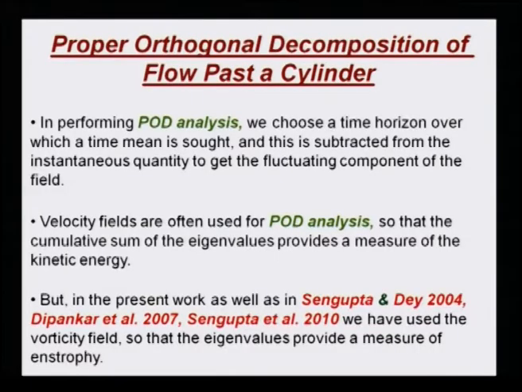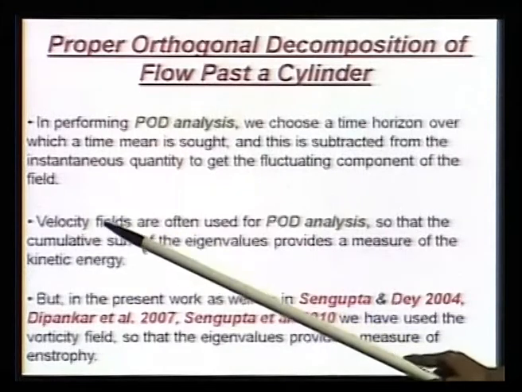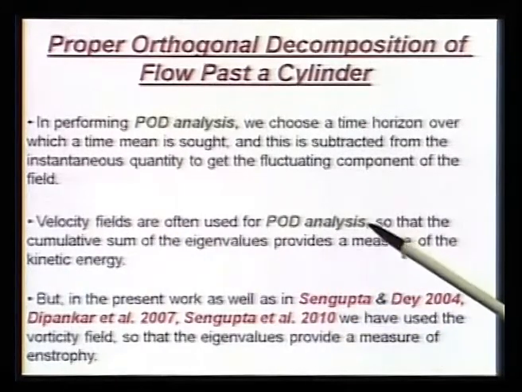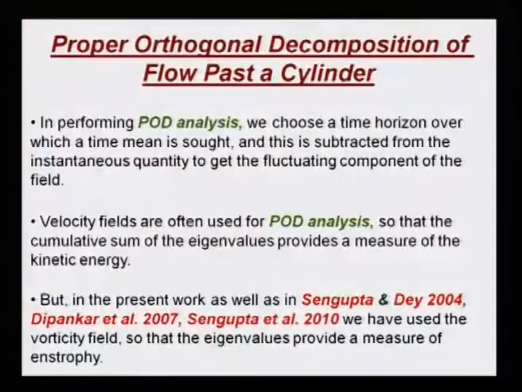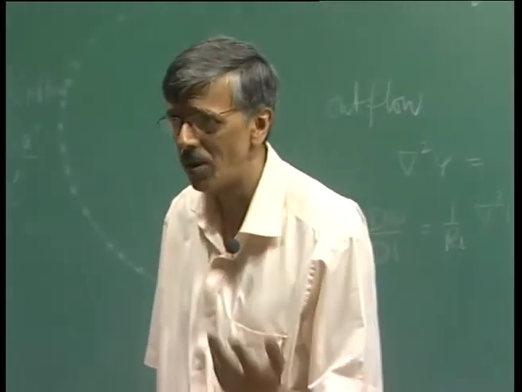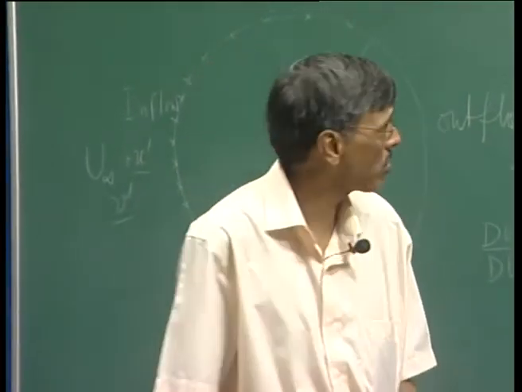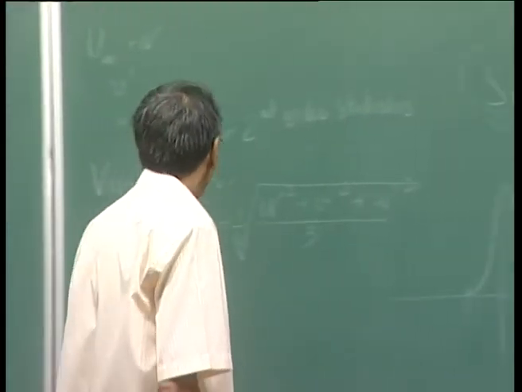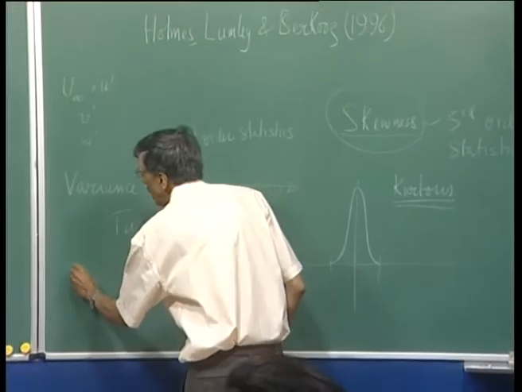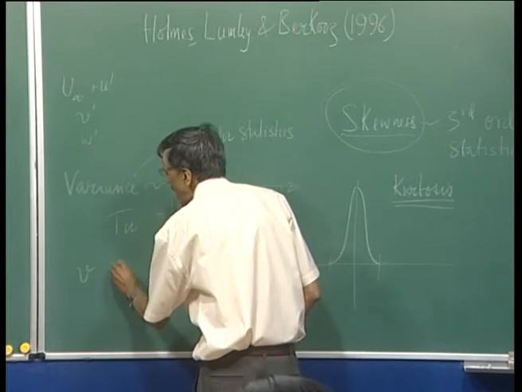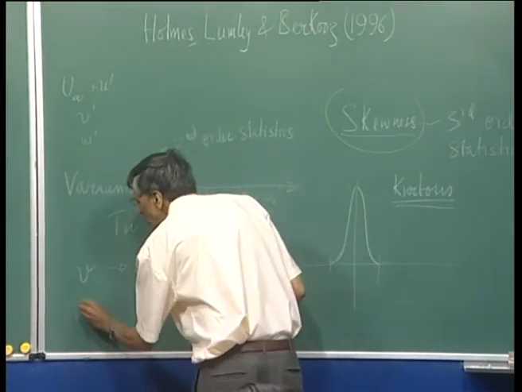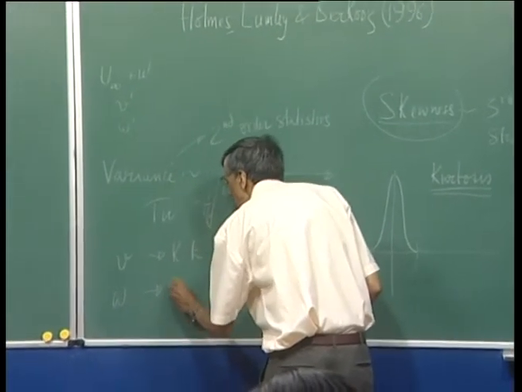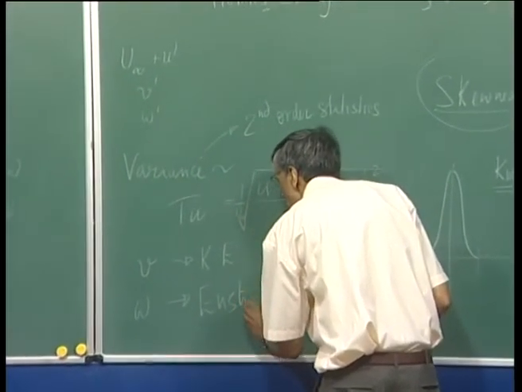So, if I use the velocity field to define the disturbances, then we are going to get an estimate of the kinetic energy, and if we use vorticity as the disturbance field, then what we get is called the entropy. So, if I am using velocity, I get kinetic energy, and if I use vorticity, I will get what I call entropy.